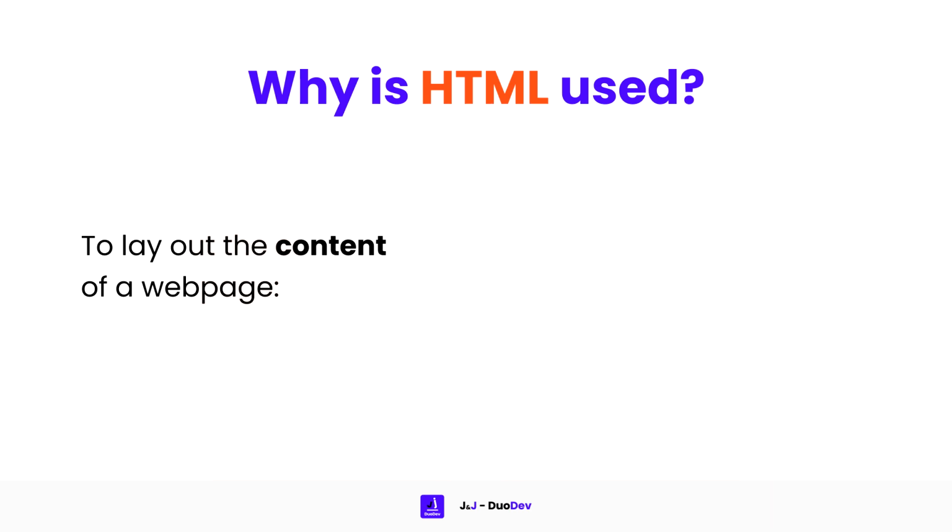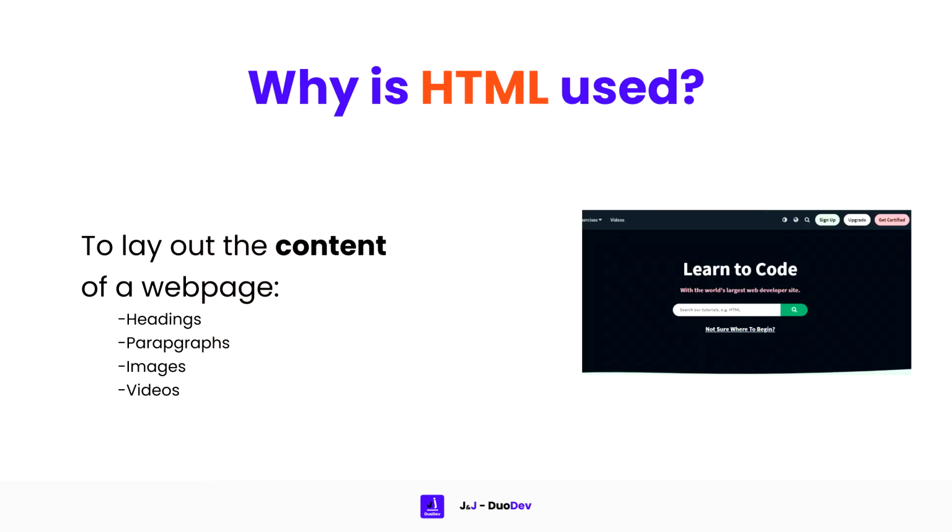And the word content basically refers to headings or maybe paragraphs on a website, or maybe even things like images and videos. So as you can see on the right, we have an example of a website. We have a heading, learn to code. That is the big piece of typography, so that would be a heading. So that's one piece of content.